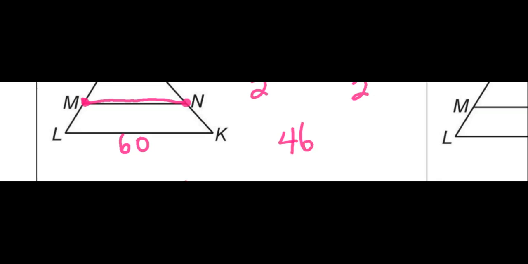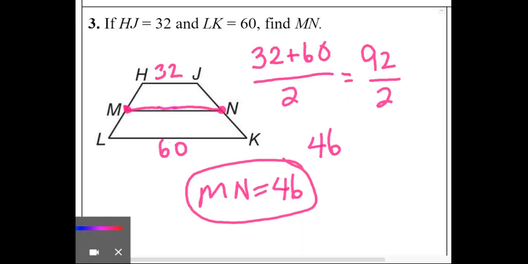So MN equals 46. Now, if you wanted to do a check to see if your answer is correct, what you need to do is figure out whether 46 is the same distance away from 32 as it is from 60. So what you can do is 46 minus 32, that's the upper length, okay?